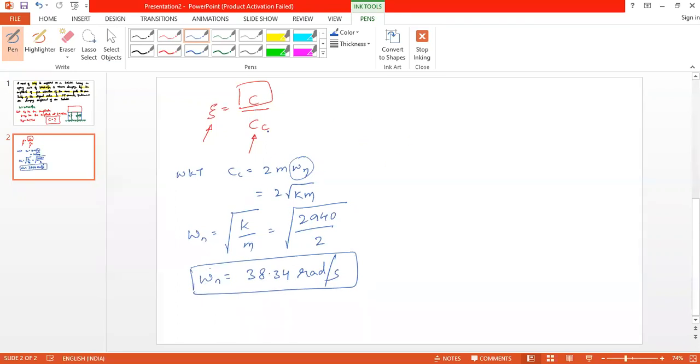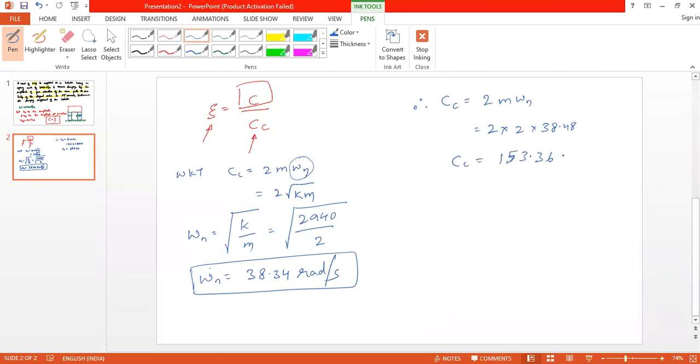So I know the value of omega n, and I need to find the value of Cc. Therefore, Cc is equal to 2m omega n, that is 2 into 2 into 38.34, which is 153.36. That is the Cc. What is the unit?